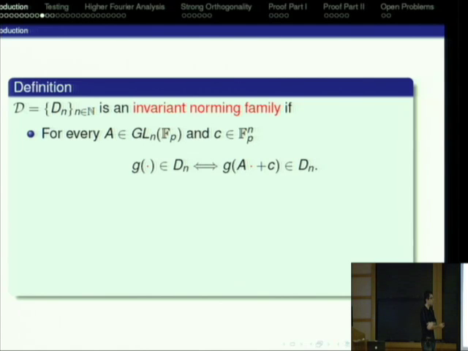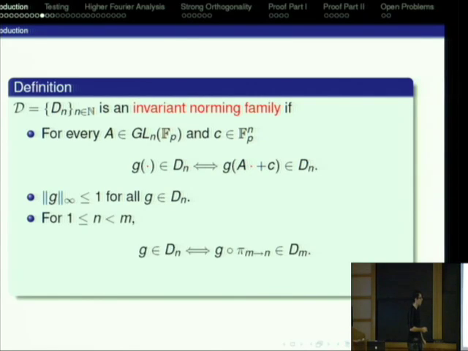I'll call a family of these D_n's an invariant norming family if for every invertible affine transformation, if g belongs to my set, then the affine transformation of g also belongs to my set. And I'll also require this condition, which is maybe not so natural, but without it I will not be able to prove anything. I require these functions to be bounded, so the L infinity norm of each one is at most 1, similar to characters or omega_p to polynomials.